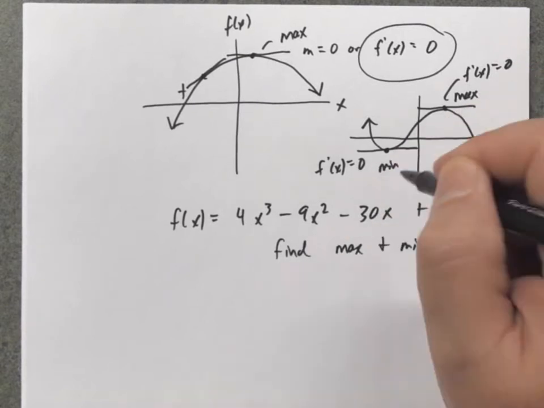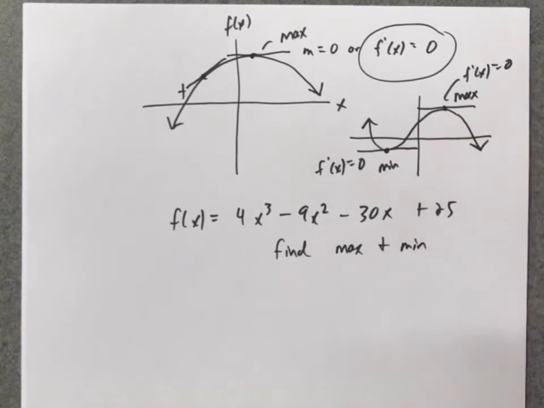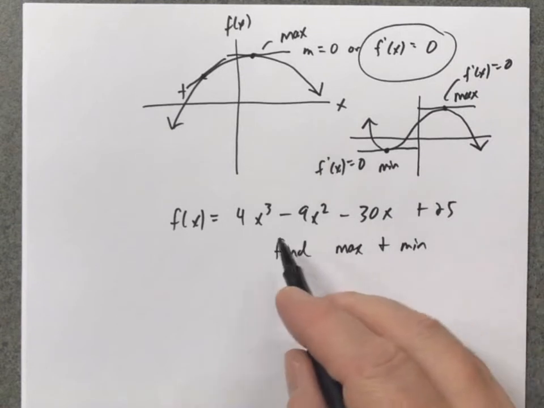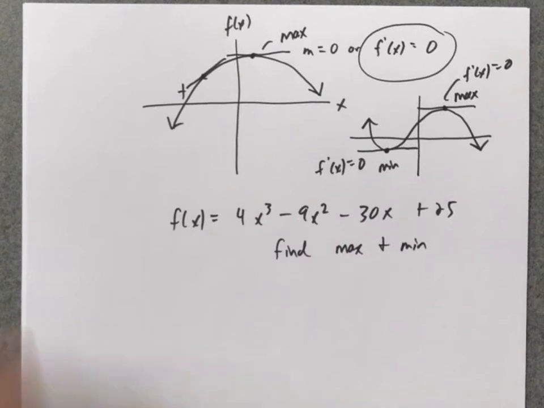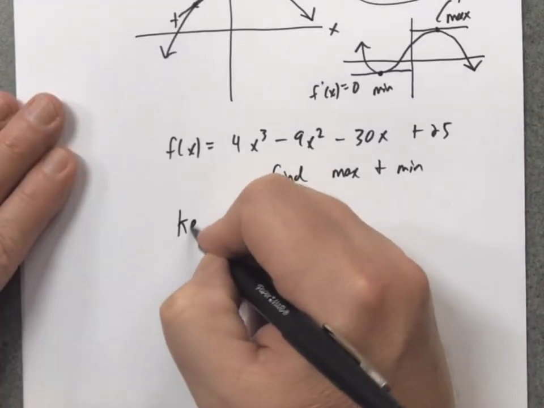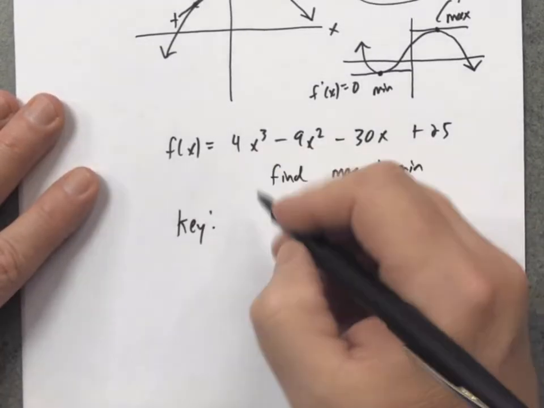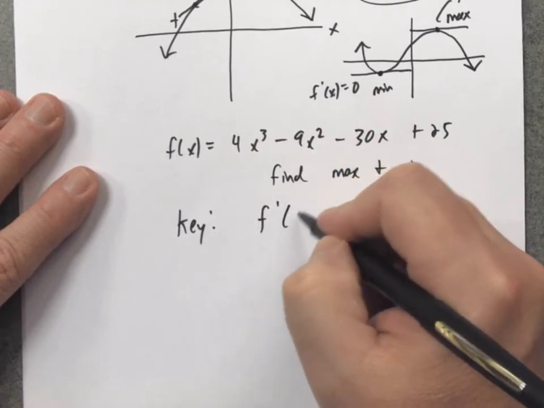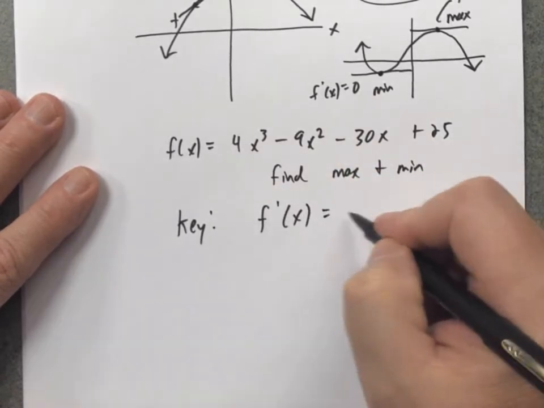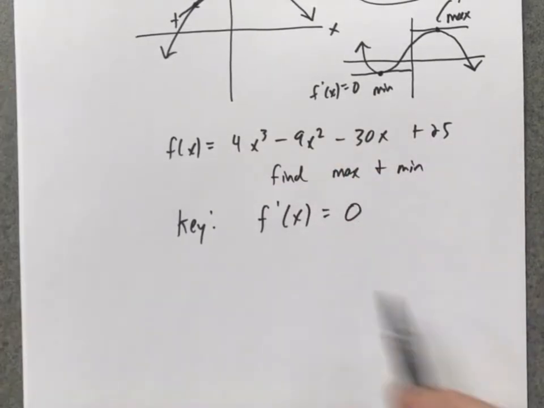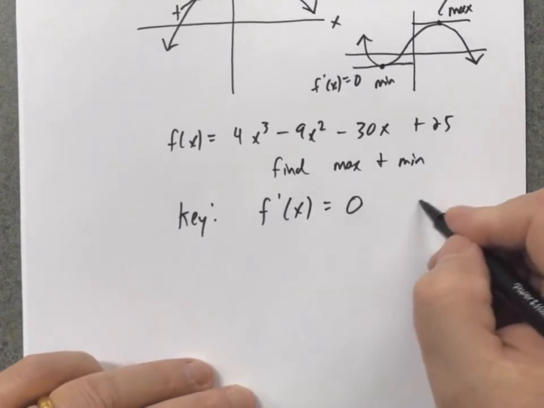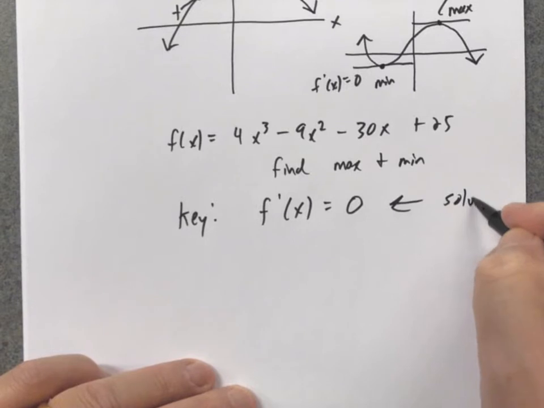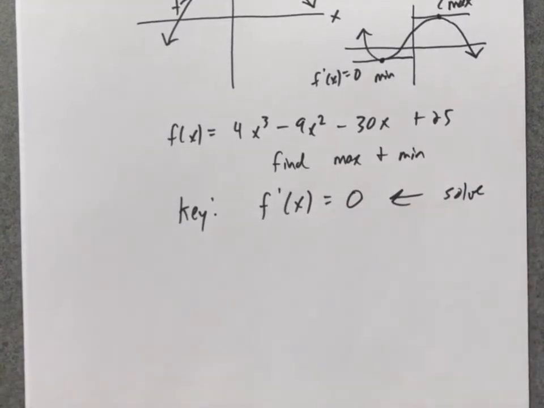This right here is the whole key to how we determine the maxes and mins if we're given a mathematical function. What we're going to do is take the first derivative and set it equal to 0, and we're going to solve this equation.